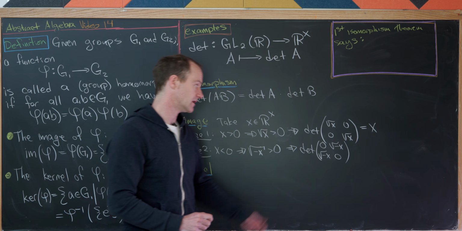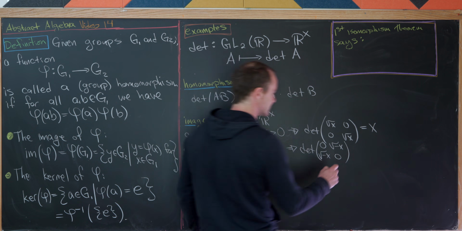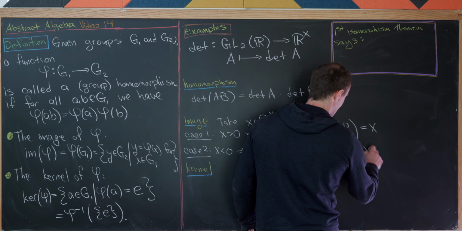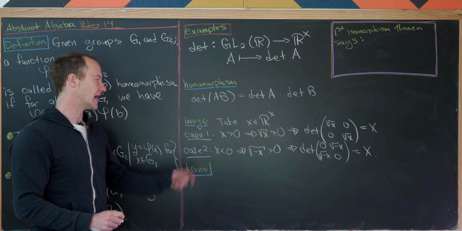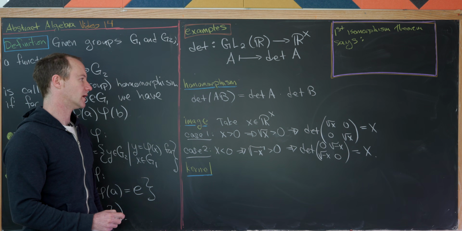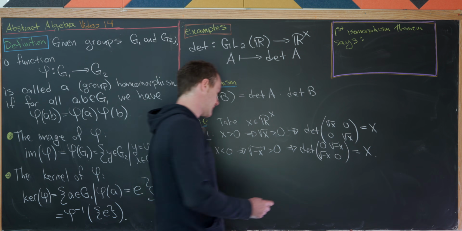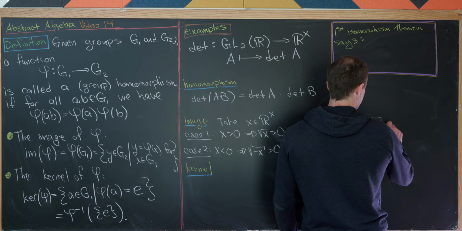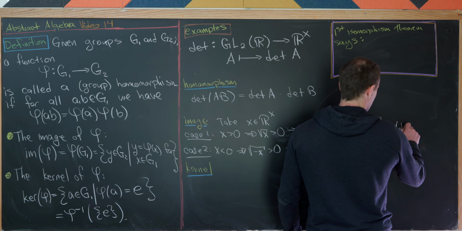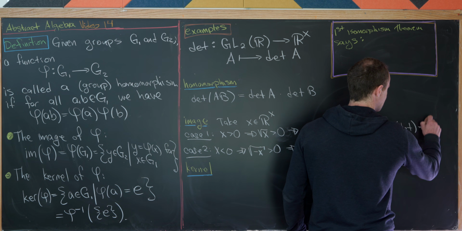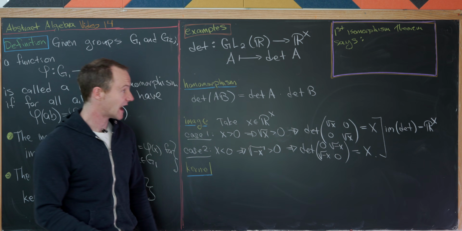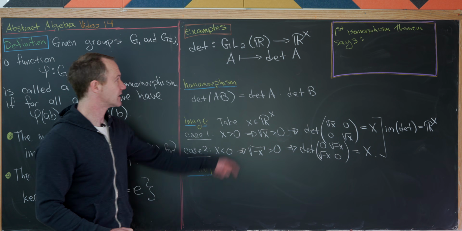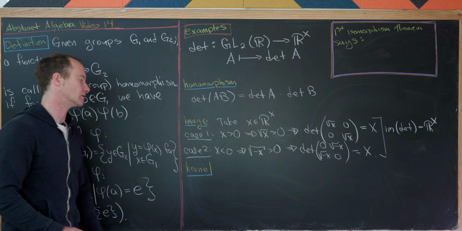So notice again, by determinant rules, that will give us exactly what we want, x. So either way, if x is positive or negative, we are able to land on the right number. Okay, so now putting these things together, we see that the image of the determinant function is in fact all non-zero real numbers. Of course, when we're coming from GL2R.